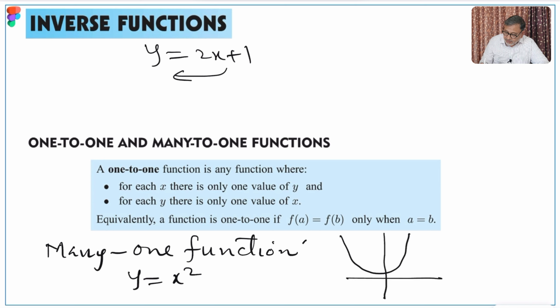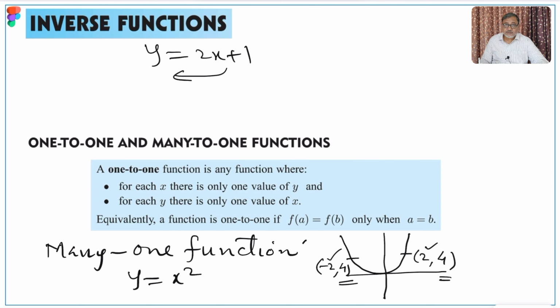In this, one value of y will be associated to two values of x, here and here. So here suppose minus 2 and 2, here 4. So two different values of x are associated to one value of y. This becomes many-to-one function, right? Okay.